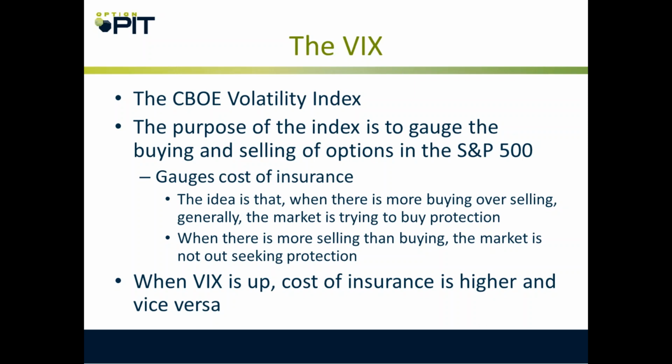When there's more selling than buying, the market is not out seeking protection. Thus, when VIX is up, the cost of insurance is higher, and vice versa. VIX up, it costs more money to hedge a portfolio. VIX down, it's cheaper to hedge a portfolio. That is what VIX is.